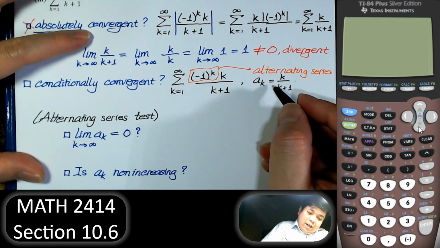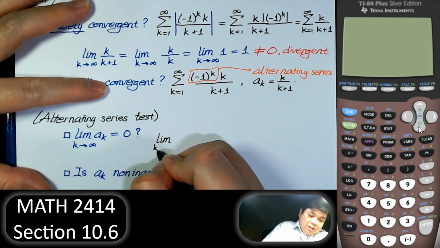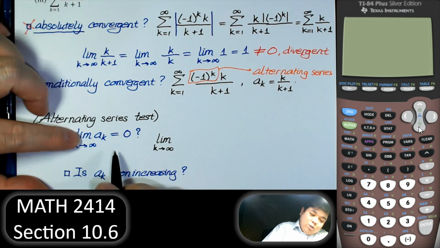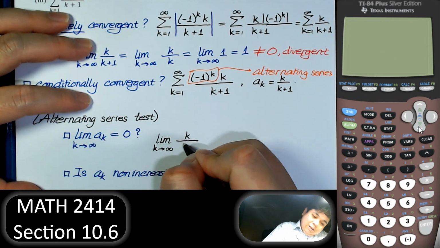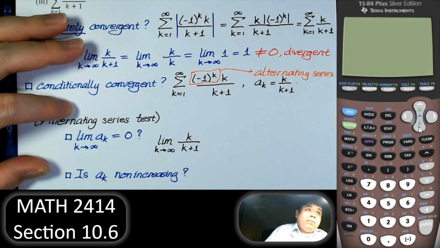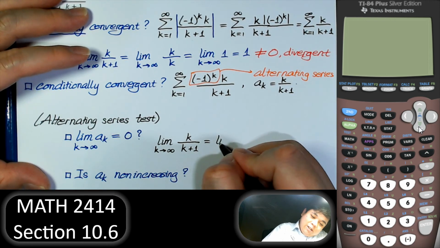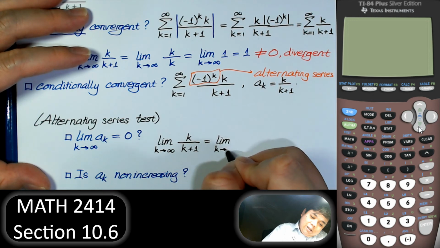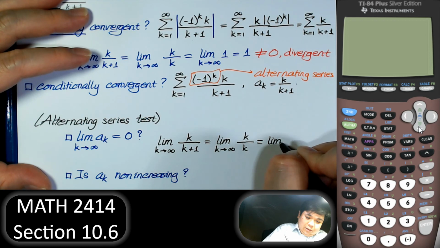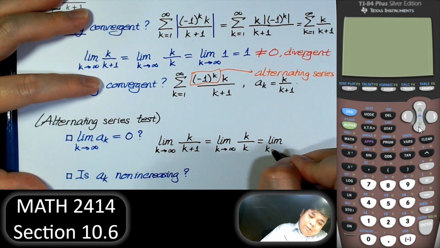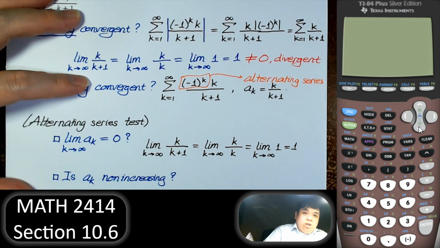Actually, we don't even need to go to the second one, because when we check the limit of a sub k as k goes to infinity, this is equal to 1, which is not equal to 0.